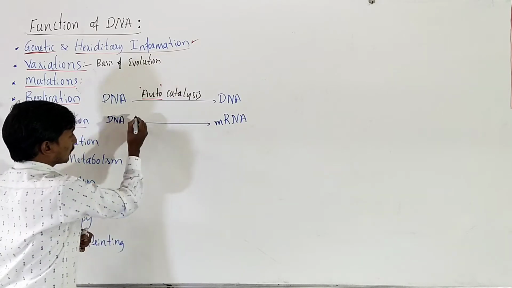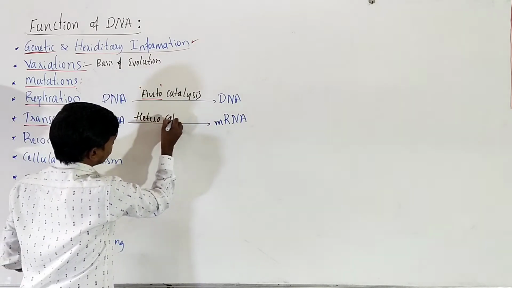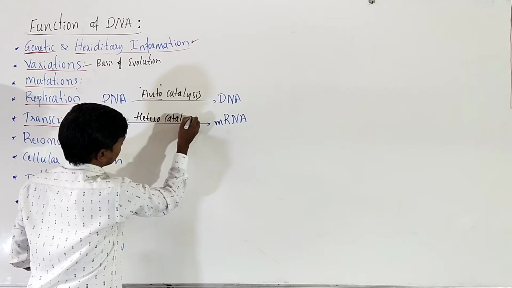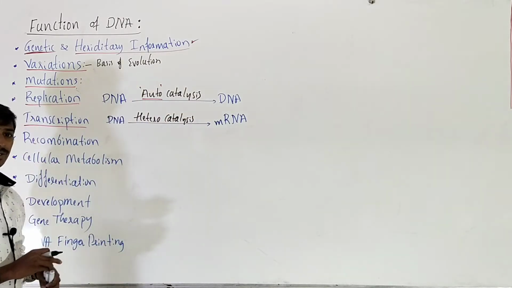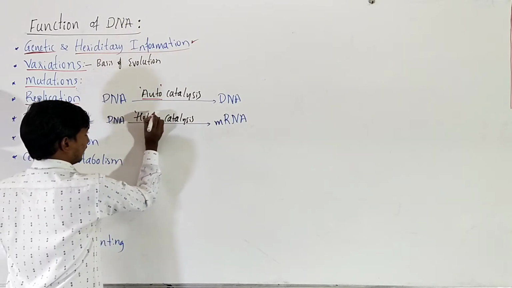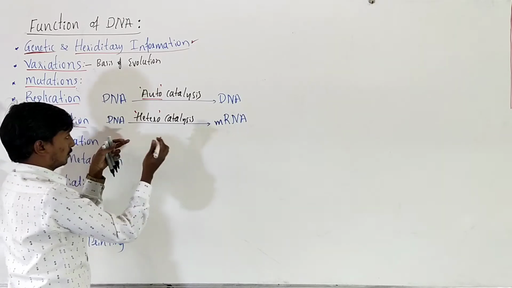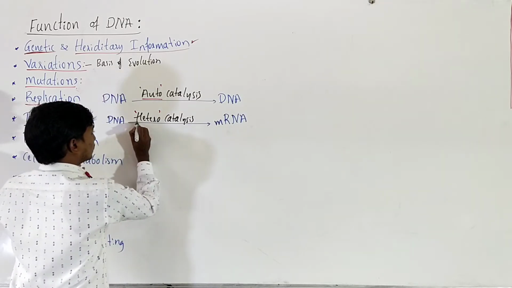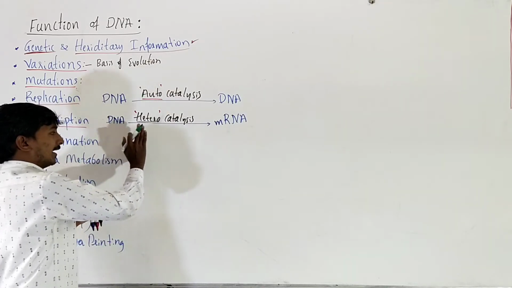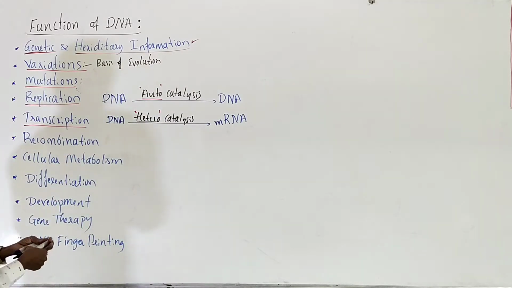So it is known as heterocatalysis. It means from DNA, RNA is formed. Some other molecule is formed, it's not DNA. Hence it is a heterocatalysis. So that is another function of the DNA.